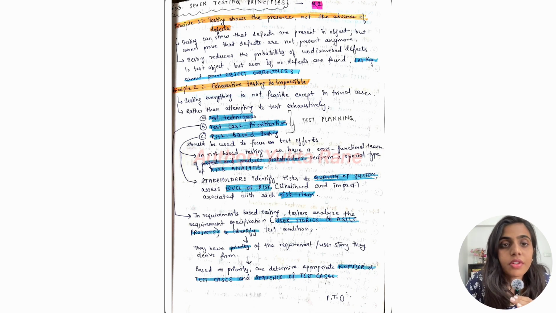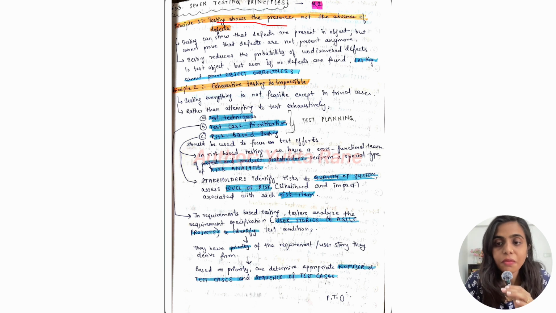Coming up, the first testing principle: testing shows the presence and not the absence of defects. Basically this means that even if you cover the entire testing, the most you can do is find as many defects as possible. But even when you find the maximum defects, you cannot assure that you have done complete testing.